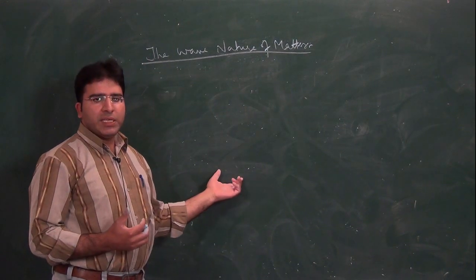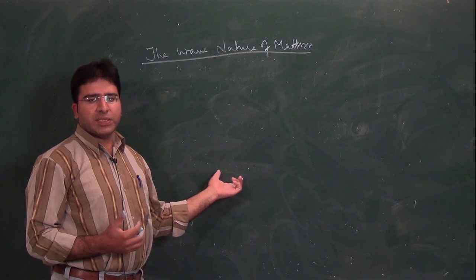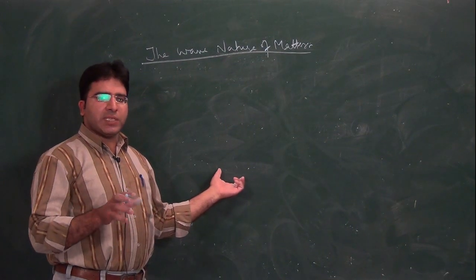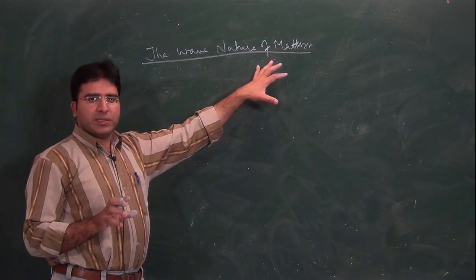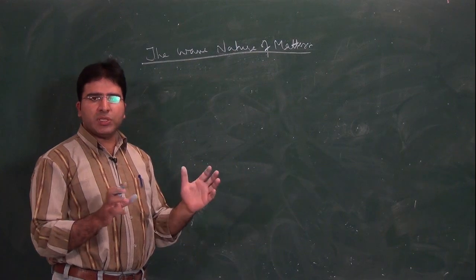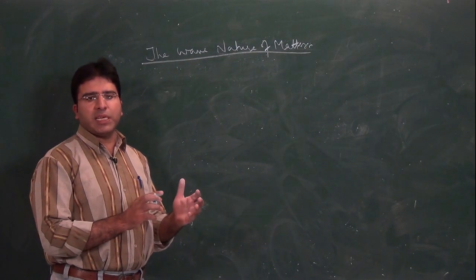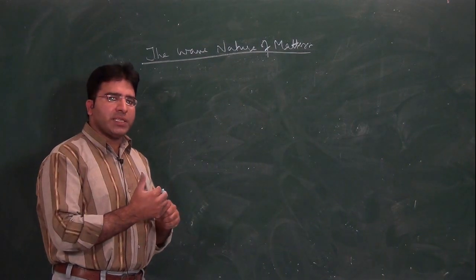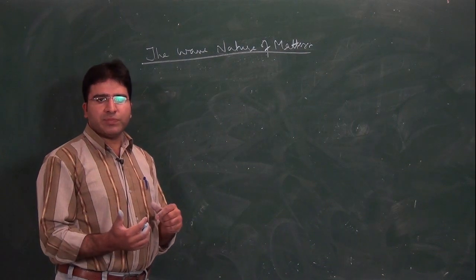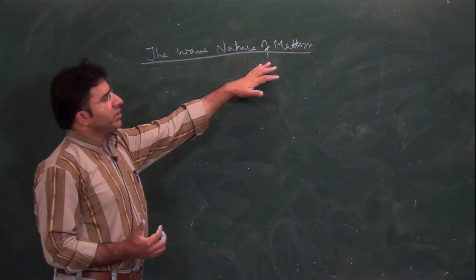Photoelectric effect justified its particle nature. Now dual nature of light was established. Now the question was, does matter, which we under most circumstances treat as a particle, is it possible for this matter to have wave character? The question was that.